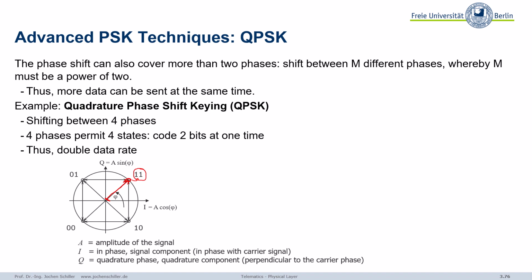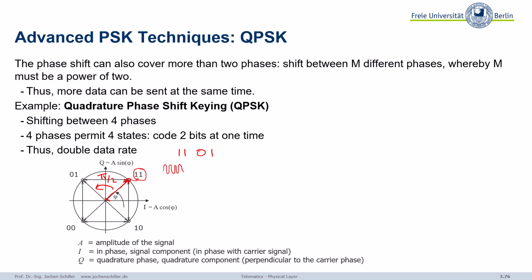So if we want to transmit 1, 1, and after this 0, 1, we have a wave of a certain frequency depending on the medium, and code now a phase shift of pi half or 90 degrees, for example. So that's the idea. And this can be well described with the help of these so-called constellation diagrams. Without going into further details here, this is something quite common, especially in wireless communication.